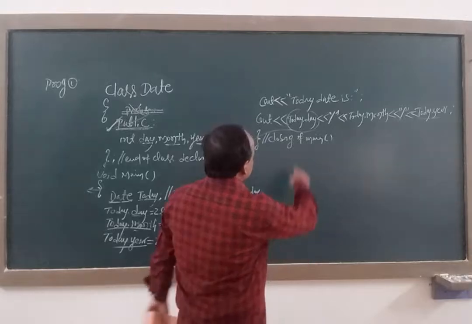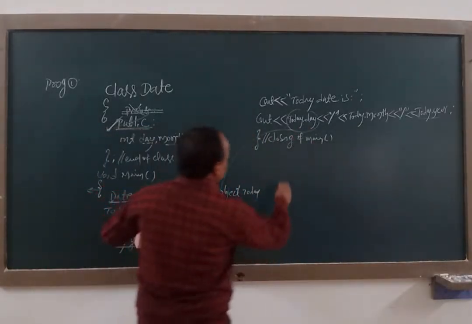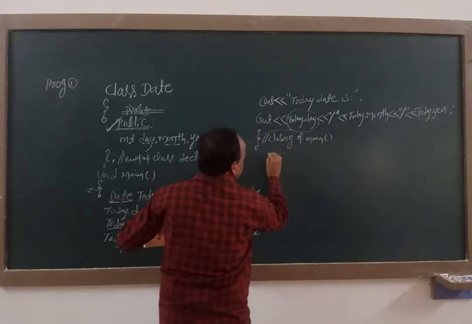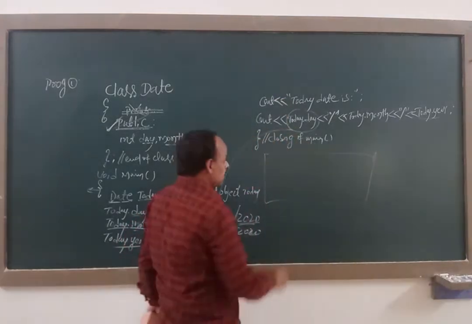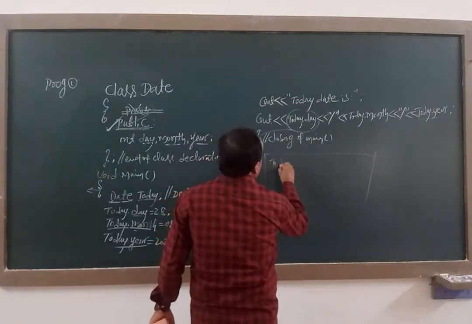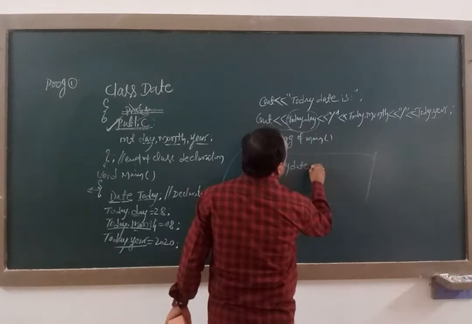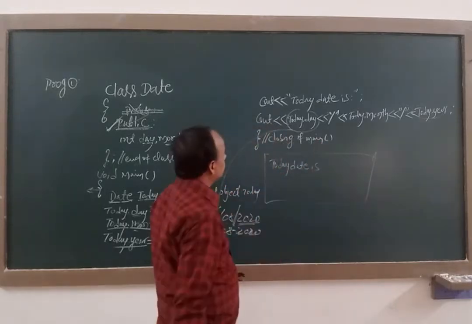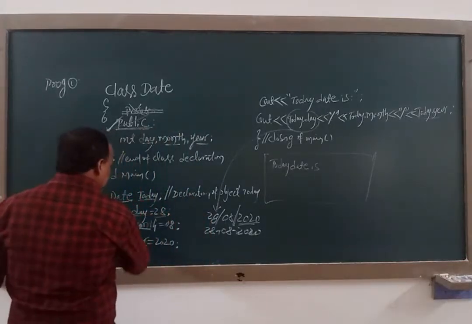Today date is. In front of that, one more cout statement, that is today.day. Today.day contains 28. The result of the program is: today date is today.day, which contains 28.